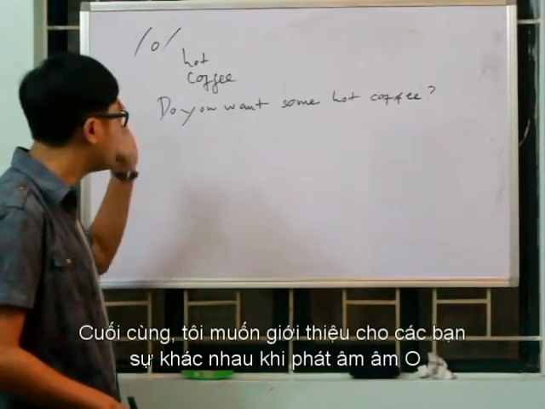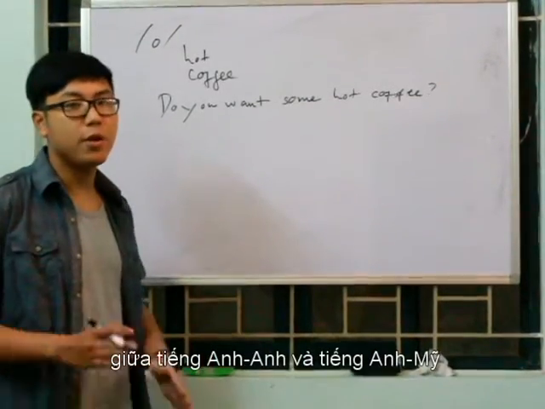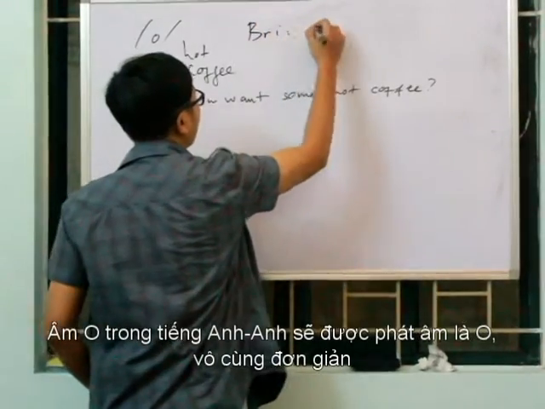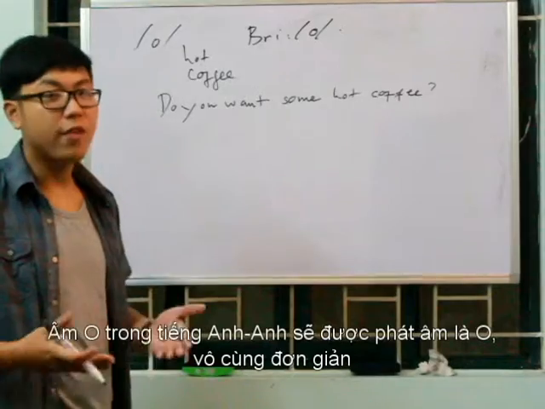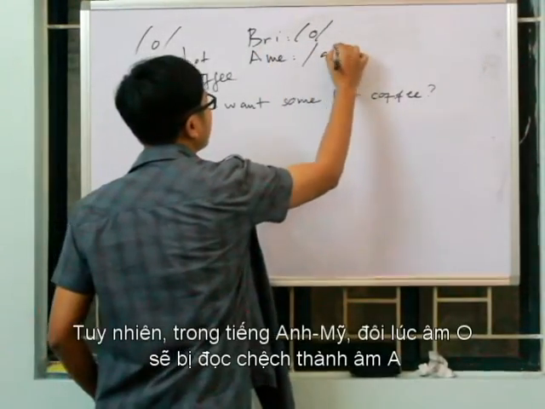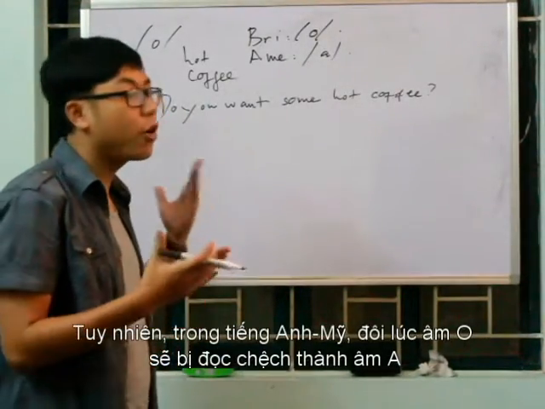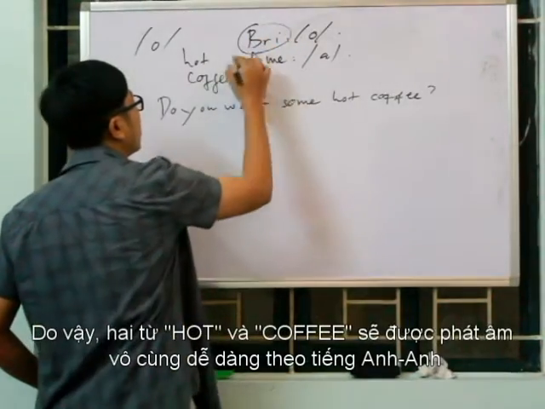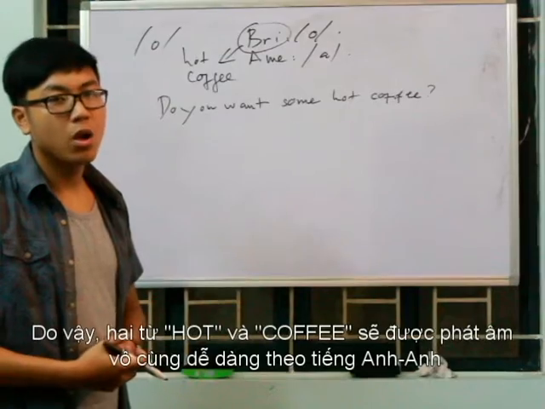Finally, I want to introduce to you how R is different from British accent to American accent. With British accent, they always pronounce it as R, very simple. However, with American accent, sometimes they make it a different R. Okay? So with British accent, the two words are pronounced very easily.